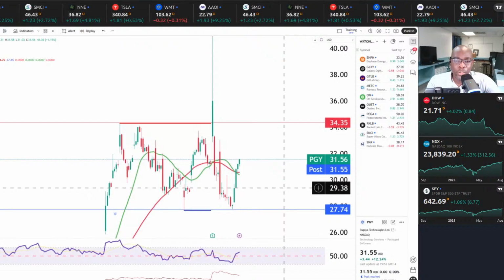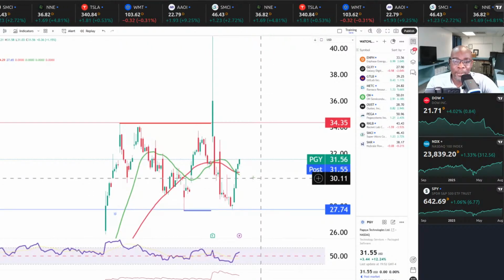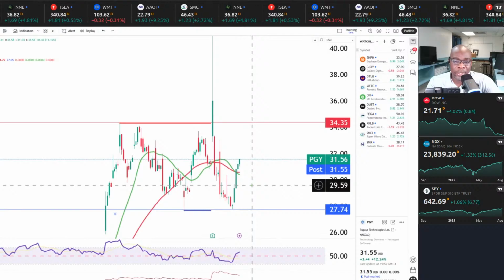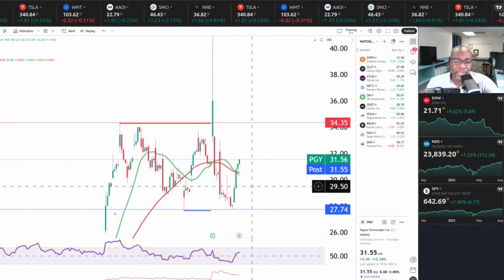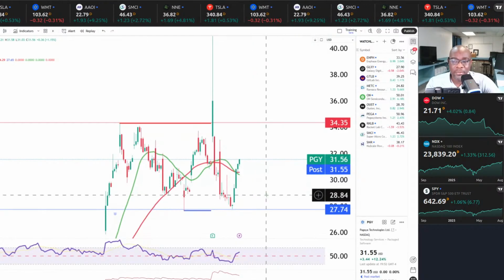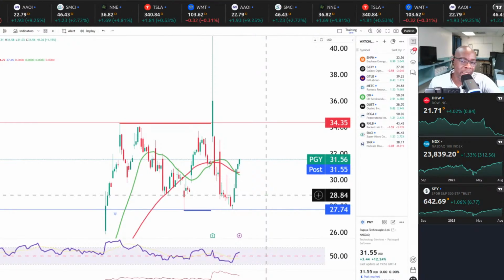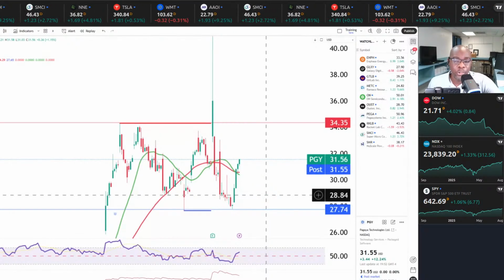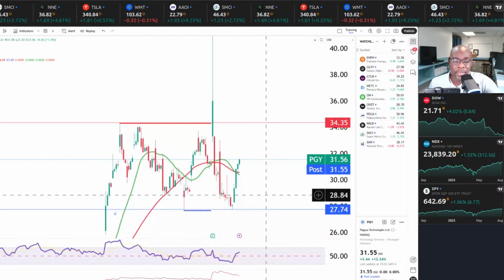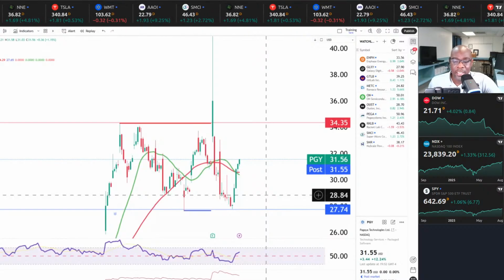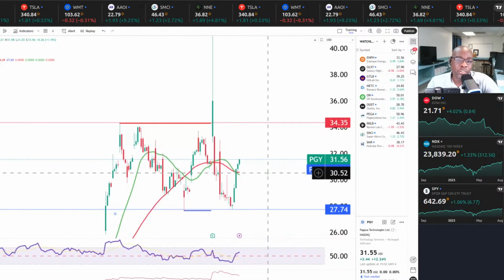But if you don't know how to screen and select stocks that are in your price range or fit particular criteria, you're just going off whim. You're watching social media and waiting for somebody to tell you, oh, buy this stock, buy that stock, and you have no idea why you're buying it.